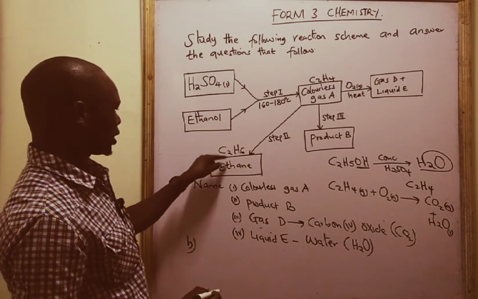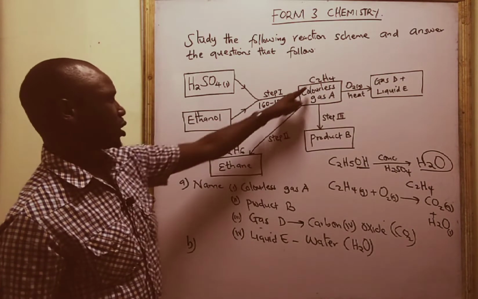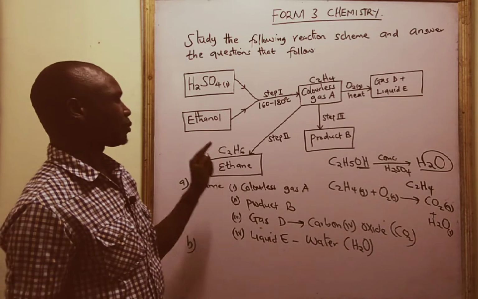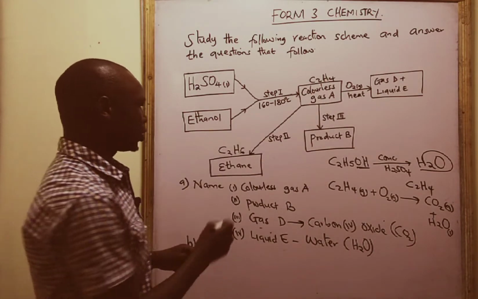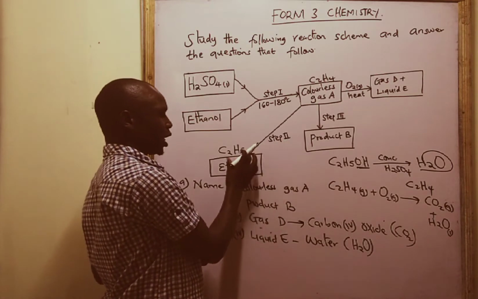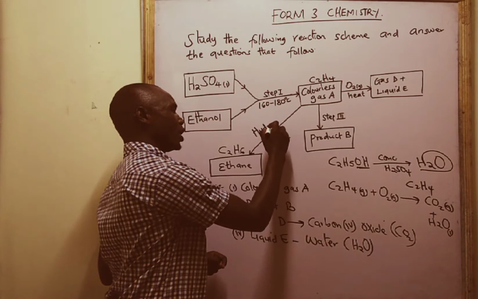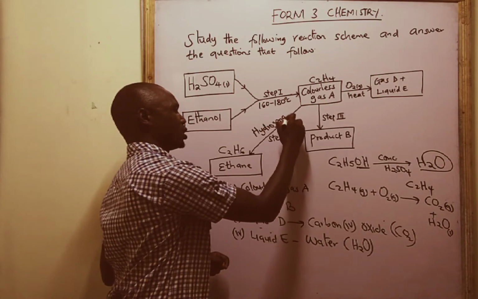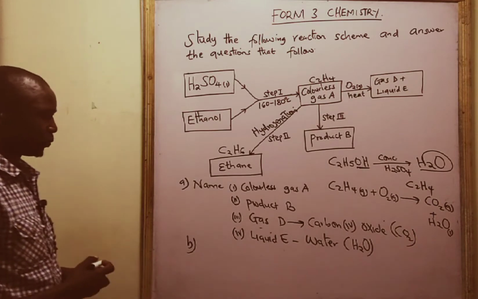If you look at C2H6 and C2H4, you realize we have two carbon atoms, but the hydrogen atoms have increased by 2, meaning we have added hydrogen in step 2, and the process where hydrogen is added is known as hydrogenation process.